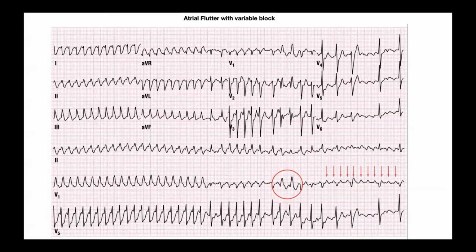For the axis, of course, you have to memorize the axis circle and you have to know which leads. Normally, if you want to know the axis by number, you have to look at AVL and AVF because these are the limits of the axis. In the axis circle, if you notice, the normal axis starts from AVL, which is minus 30, up to AVF, which is positive 90.